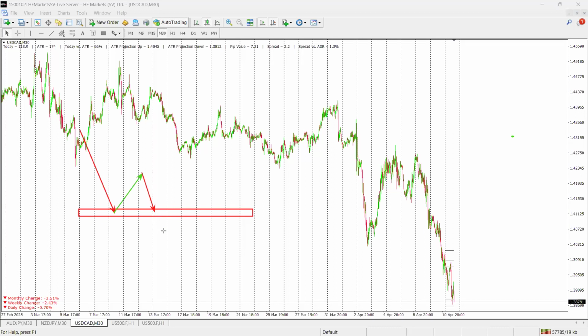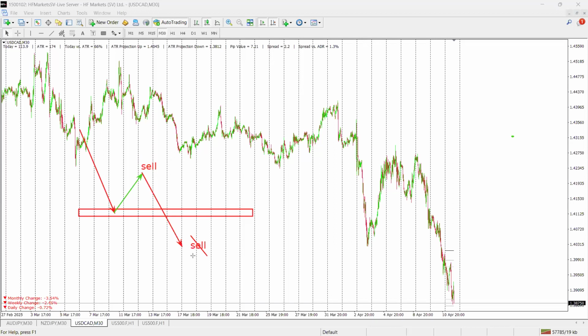But fortunately for you, the market breaks the level. You see, we have what we call a break and retest strategy. That is, any level that the market breaks, we expect that the market returns back to that level before it continues its direction. So yes, I want to sell this particular asset. I should have sold from here, but I could not sell because I missed it. Should I sell from here in the market?